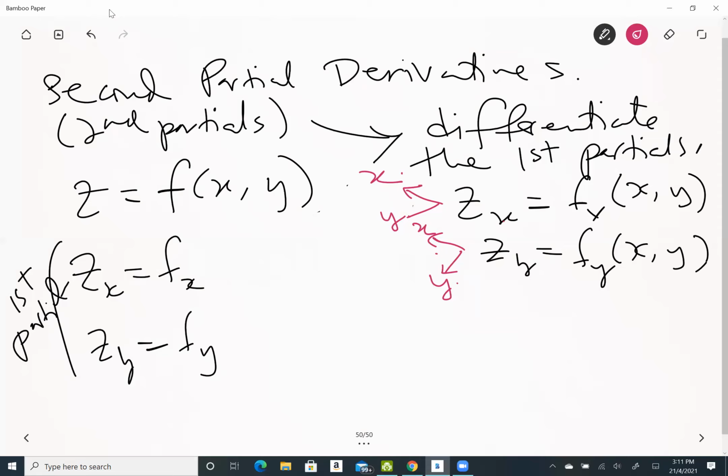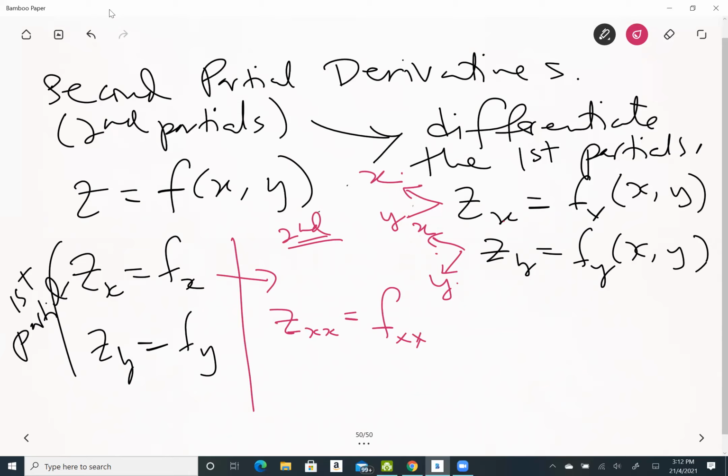So the second partial, all right? I take the derivative of zx with respect to x, so I write down the notation: zxx equal to fxx. That is the derivative of zx with respect to x, or derivative of fx with respect to x.